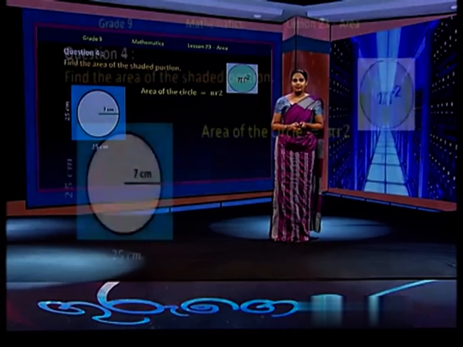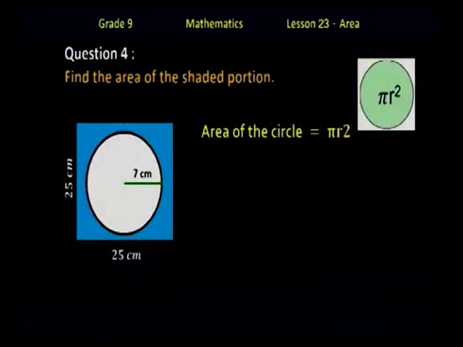Dear students, we found the area of the parallelogram, area of the trapezium, and area of the circle. It was a very nice lesson. Now, a question you can see on the screen. Find the area of the shaded portion. The shaded portion is highlighted using the color blue. Then you should have a method to find the area of the shaded portion. What is the method?